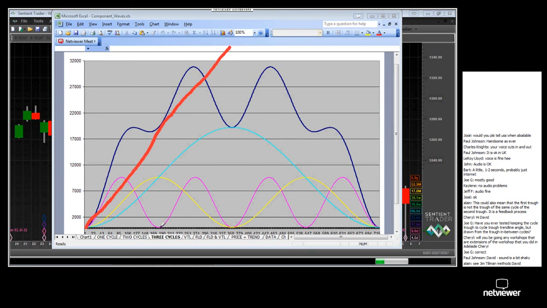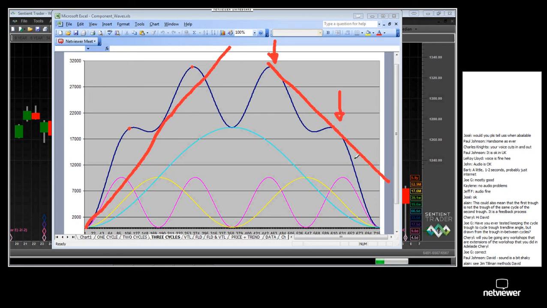We know the rules now for drawing VTLs. Rule number 1, if I wanted to draw a VTL for this pink cycle over here, I need to connect the price troughs of 2 consecutive pink cycle troughs, and I extend the line like that. So that would be an upward pointing VTL of this pink cycle over here. Okay, where is the downward pointing VTL of the pink cycle?